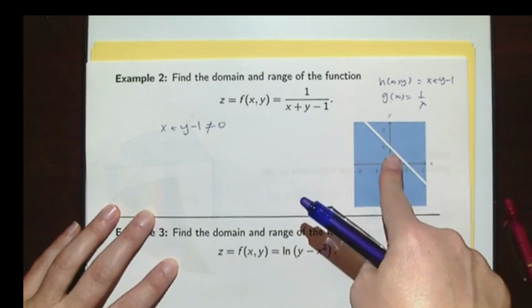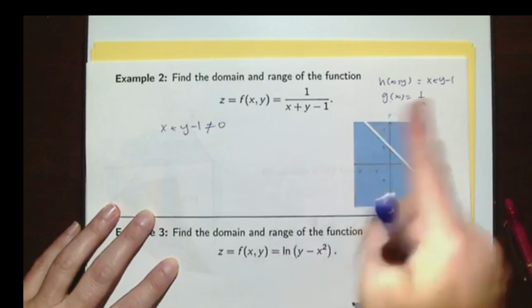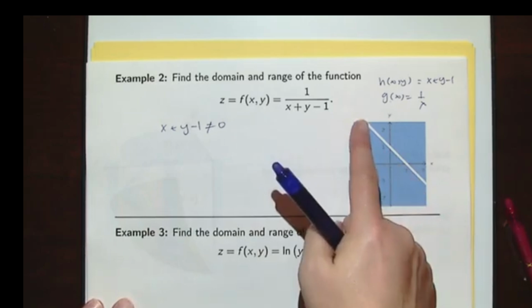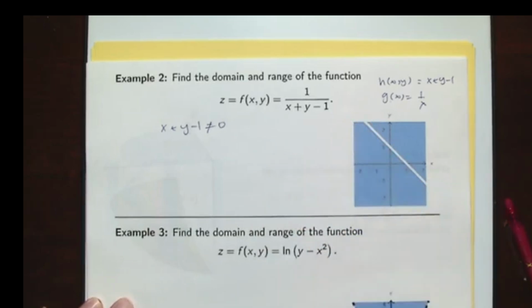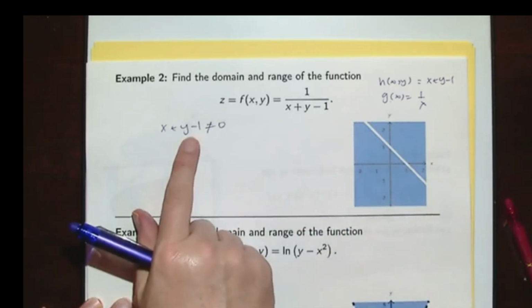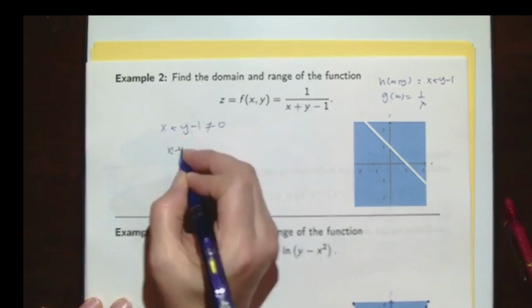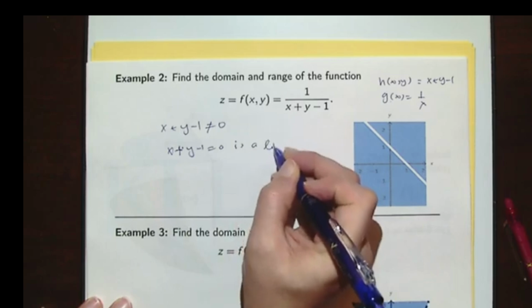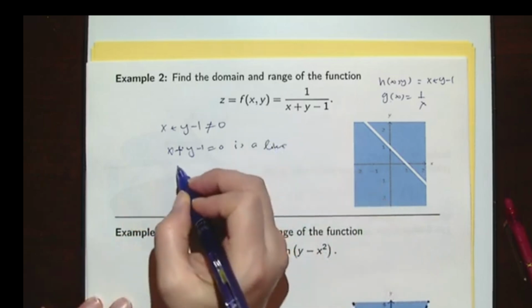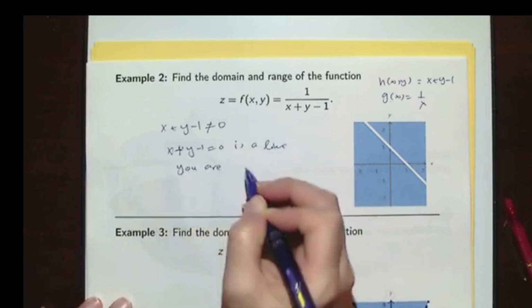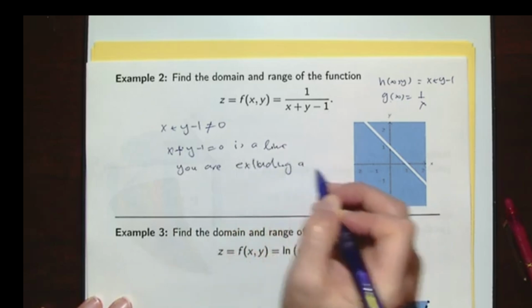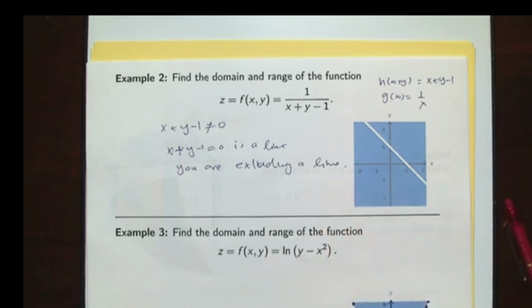With pencil, you can do it. You can draw a big filled out rectangle, then basically erase a line out of it. Because what is this? This is just x plus y minus 1 equal to 0, which is a line. And you are excluding it. Excluding a line. So everything but that line is the domain.